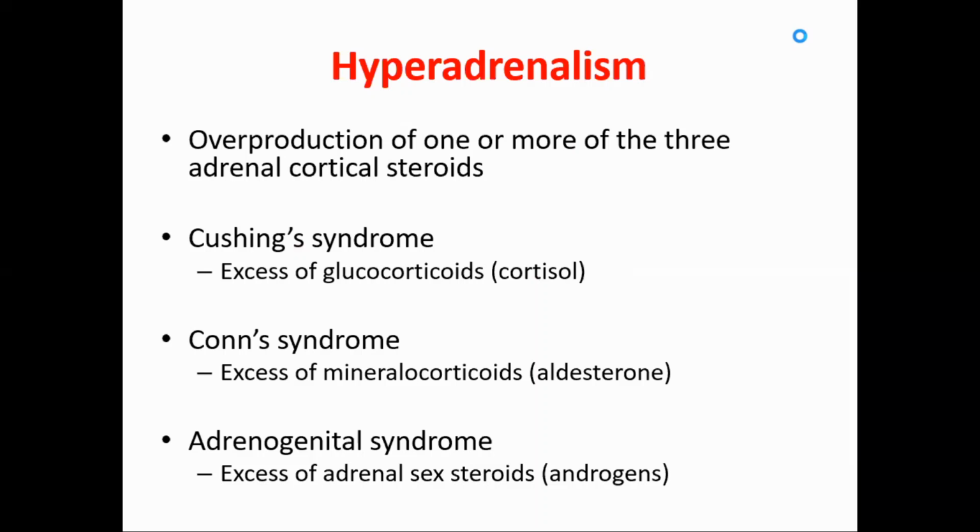And regarding the adrenogenital syndrome, there is excess of sex steroid. So hyperadrenalism means overproduction of adrenal hormones, which may be either glucocorticoid, sex steroid, or the mineralocorticoids.